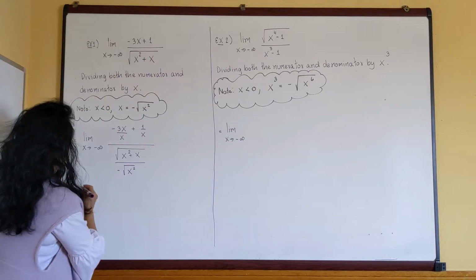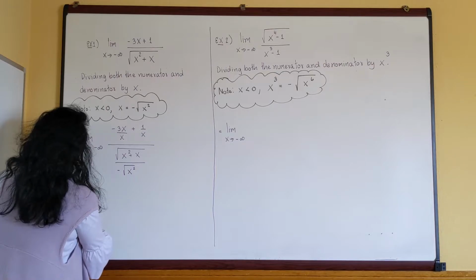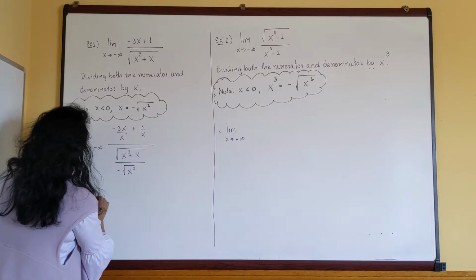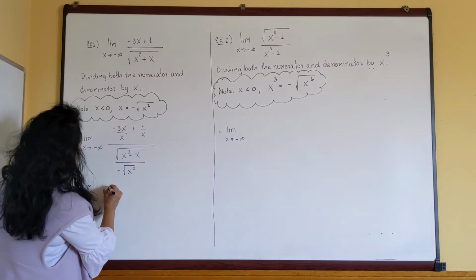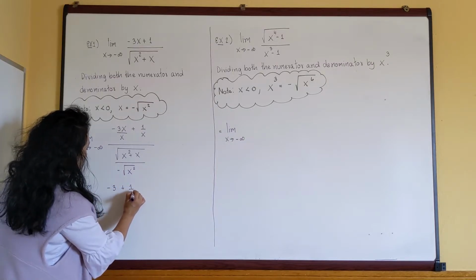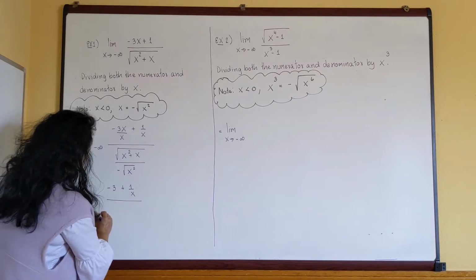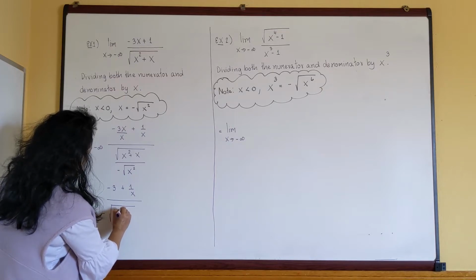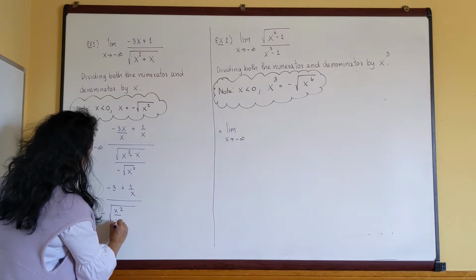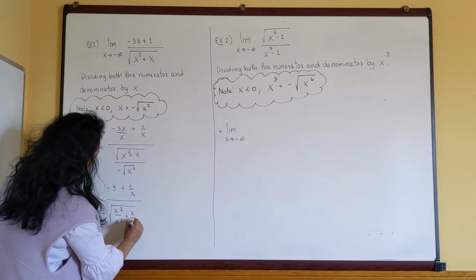Let's simplify a little bit. Then I will have limit as x approaching negative infinity. The numerator, I have negative 3 plus 1 over x. On the denominator, I will have negative square root of x squared over x squared plus 1 over x squared.